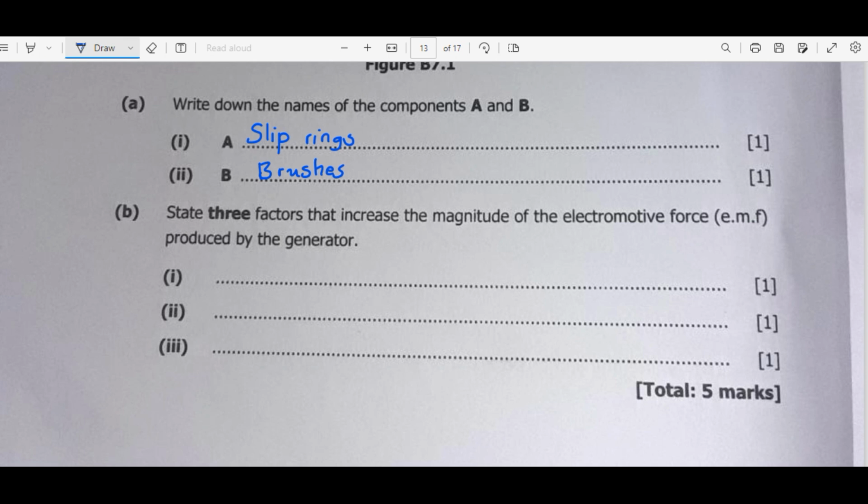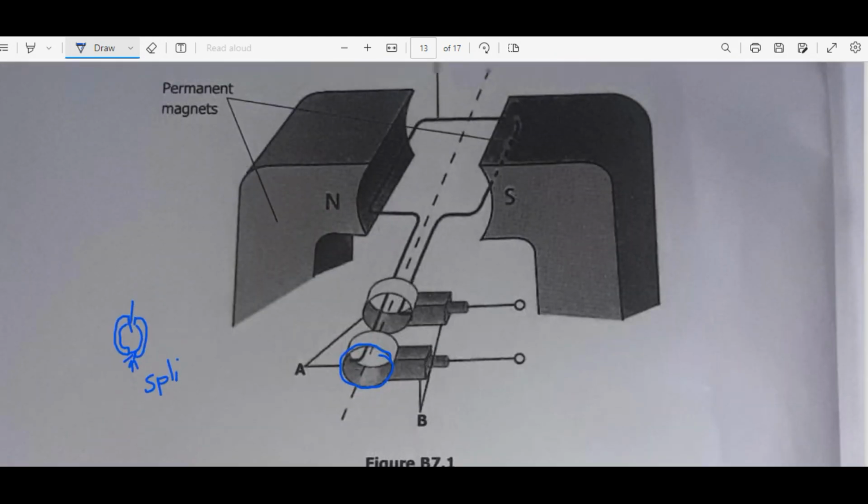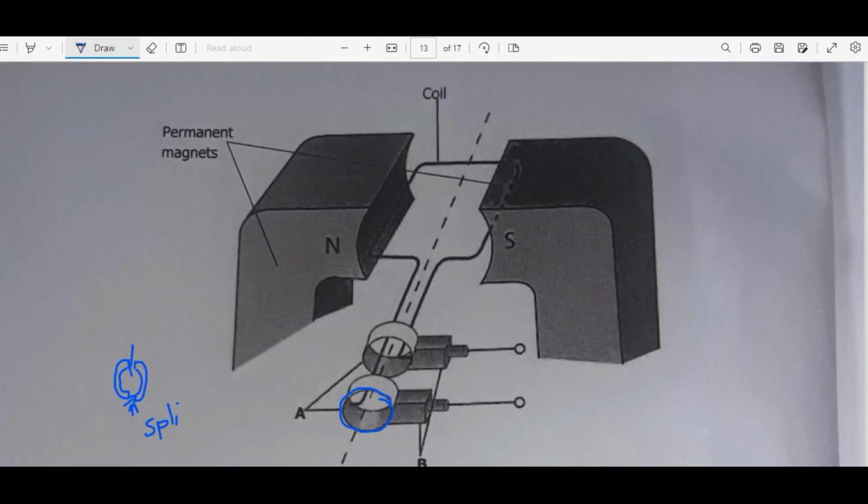Then for B, these are just brushes. Then for B, state 3 factors that increase the magnitude of the electromotive force, EMF, produced by the generator. So for us to produce this EMF, this coil must rotate. We can rotate it in this direction or in whatever direction, but let's not focus on the direction, we need to rotate this.